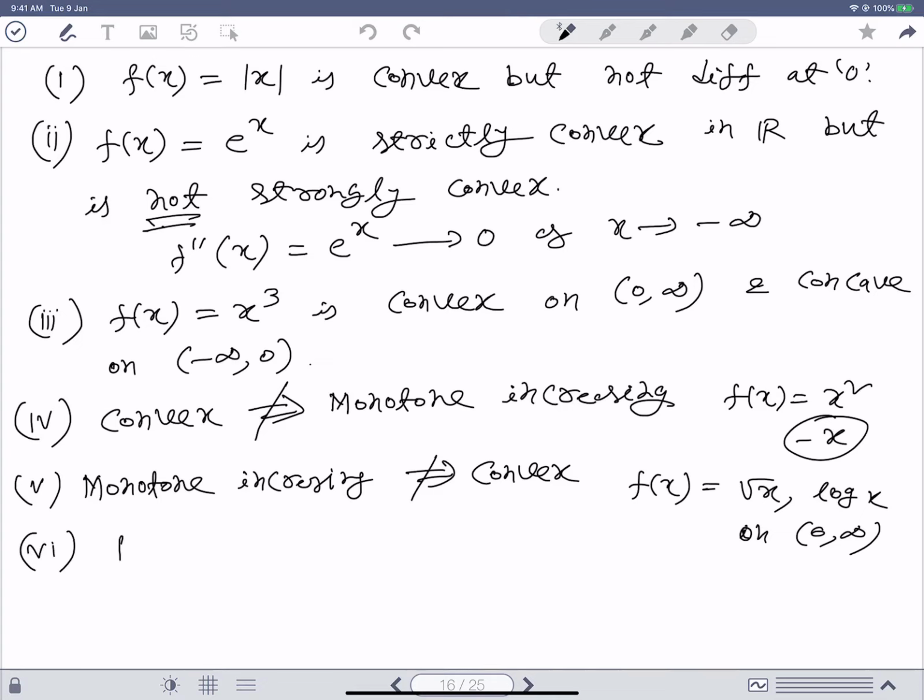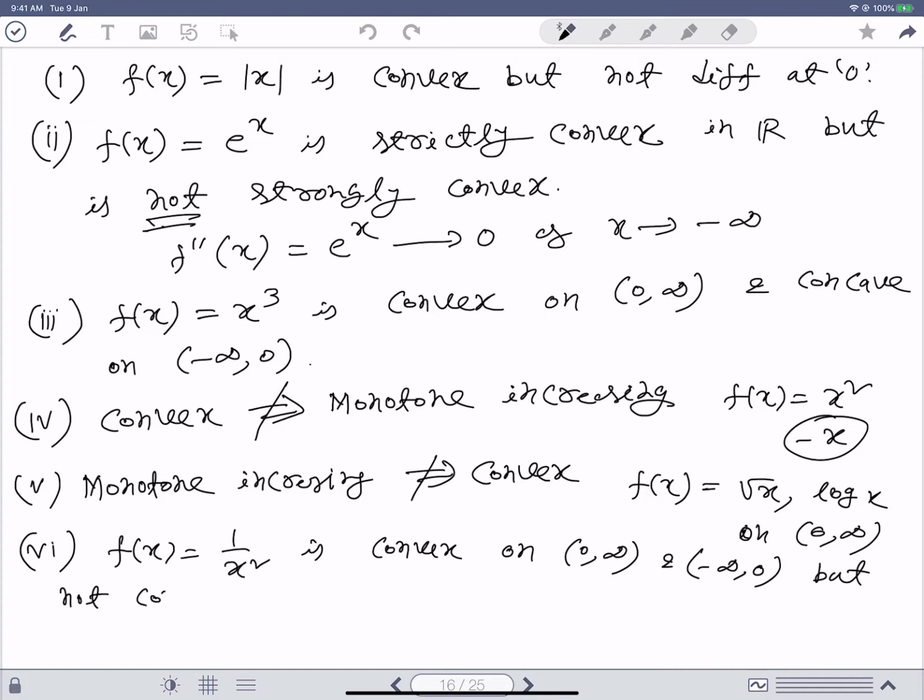Now, another one is if you take f(x) equal to 1 by x square, then this is convex on 0 to infinity as well as on minus infinity to 0, but not convex on minus infinity to infinity, whatever you define at 0.